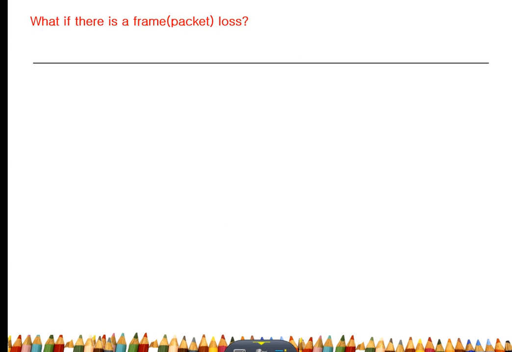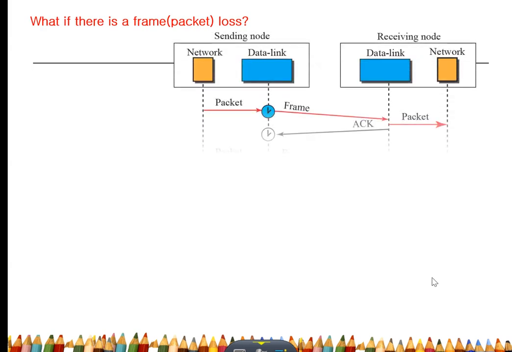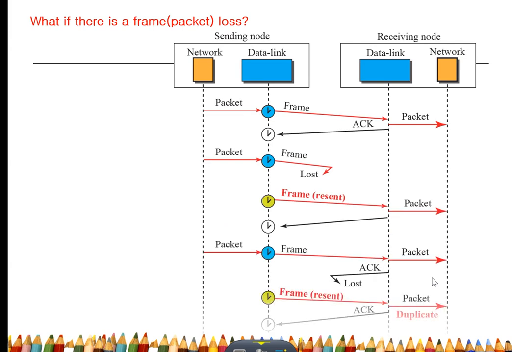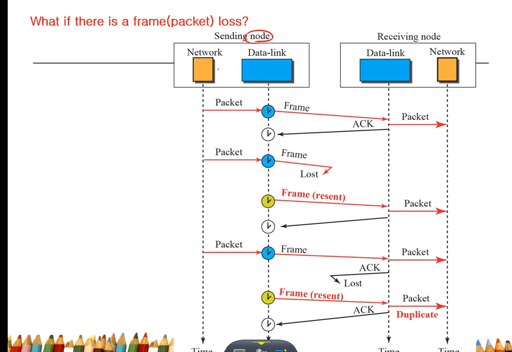Our question is: what if there is a frame or packet loss? In this case, we have to consider that maybe this is some upper node. Data is generated from the upper node and then asked of the data link layer to send out.